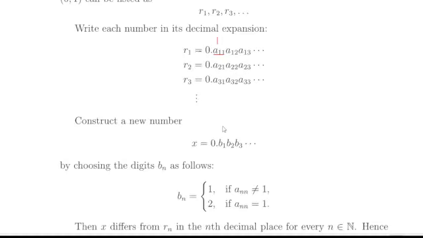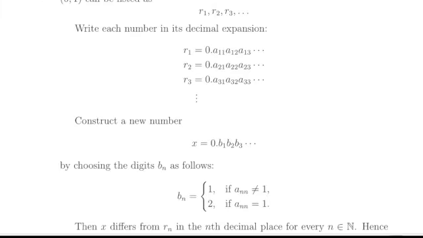So if this is 1, then we'll call this 2. If A11 is not 1, let's say it's 7, then we'll say that B1 is 1. So whatever the case is, A11 and B1 are not going to be the same, which means that X cannot be equal to R1.